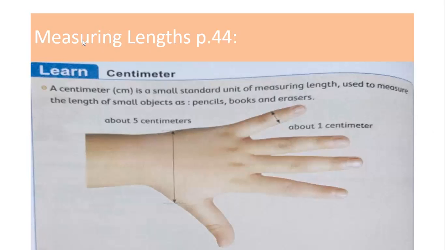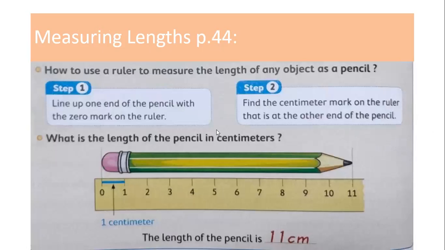Page 44: a centimeter is a small standard unit of measuring length used to measure the length of small objects such as pencils, books, and erasers. Here is about 5 centimeters. Here is about 1 centimeter.